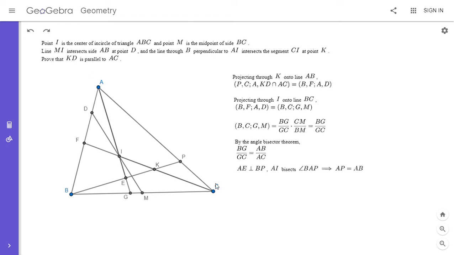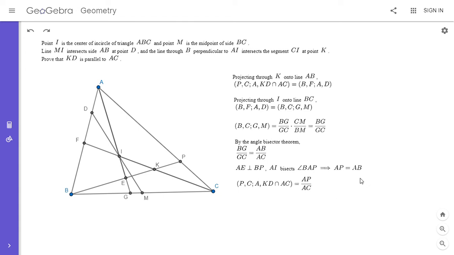So if AI is perpendicular to BP and AI is the angle bisector of angle BAP, then it must be the case that AP is equal to AB. So this fraction is really AP over AC. By transitivity, this original cross ratio has to equal AP over AC, because this cross ratio is equal to this one, which is equal to this fraction, and then you substitute for AP, and you get this.